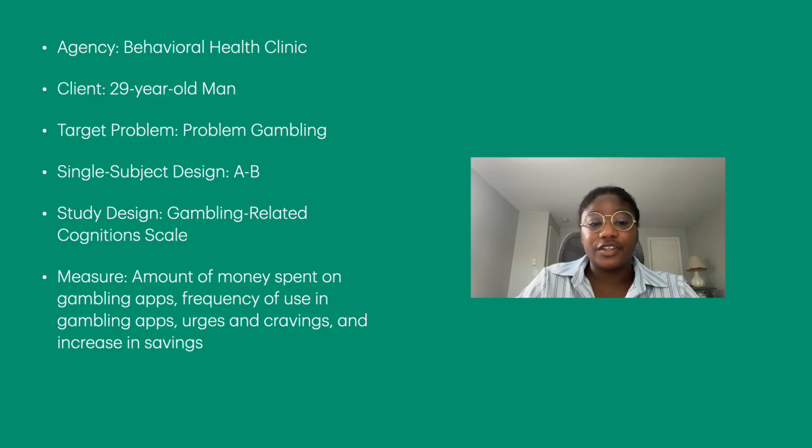In the intervention phases, cue exposure therapy, CET, and cognitive behavioral therapy, CBT, will be used. This will consist of 10 weekly 60-minute sessions modeled after the case study conducted by Riley et al., 2021, on the efficacy of CET.